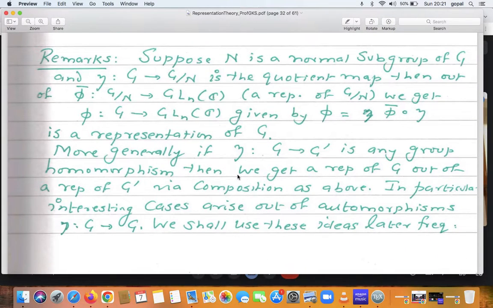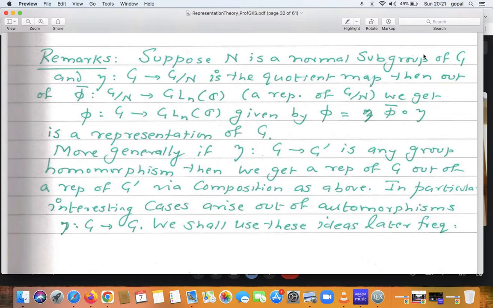Now suppose N is a normal subgroup of G and eta from G to G mod N is a quotient map. Then you take a representation of G mod N and compose this representation with eta, and you get a representation of G. This is a very important construction of lifting a representation of G mod N to a representation of G, where N is a normal subgroup.